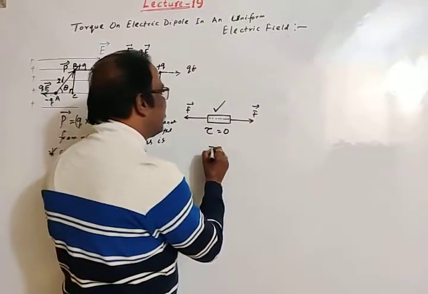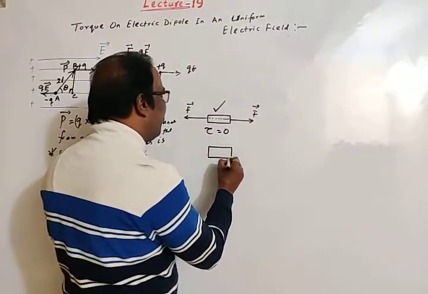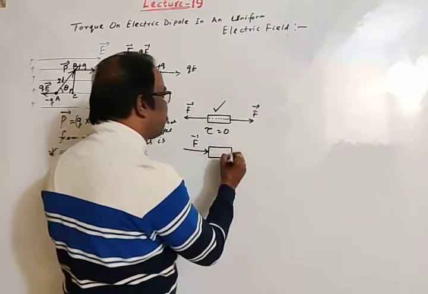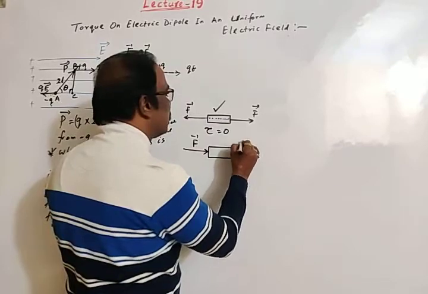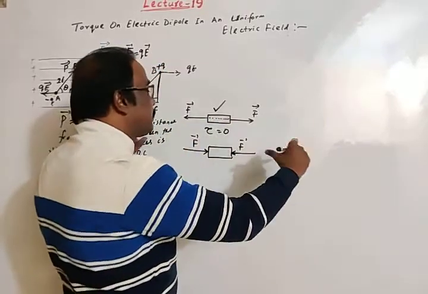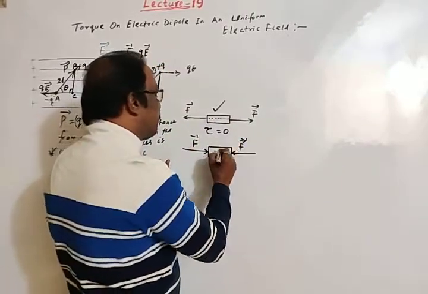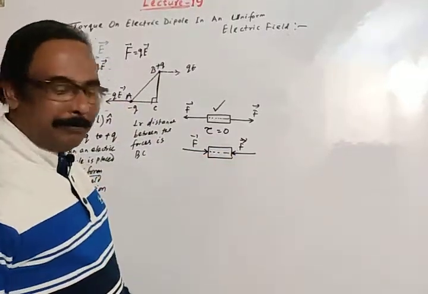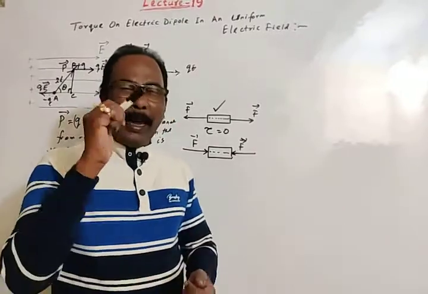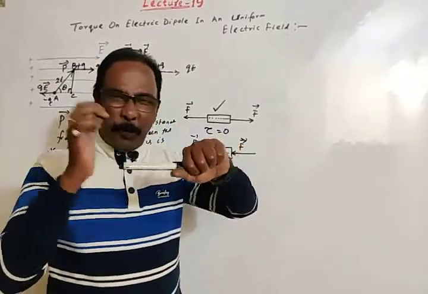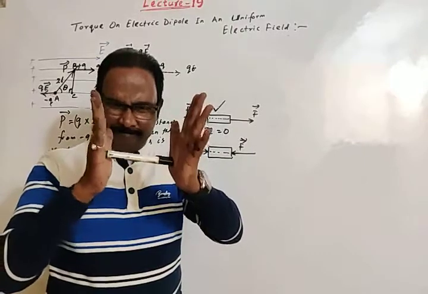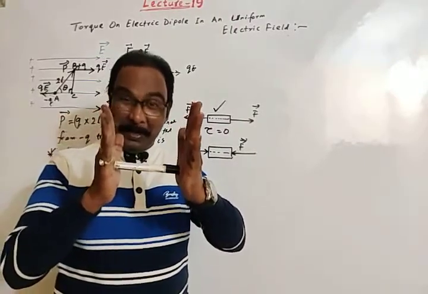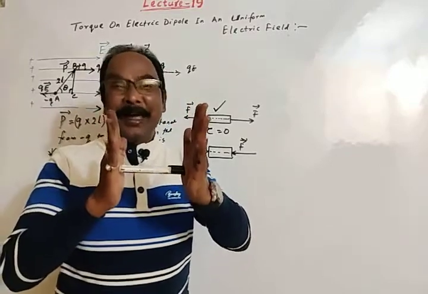The same example: if I take a body, again I apply two equal and opposite forces. These two forces are pulling forces and these two forces are pushing forces. Again, these two forces have the same line of action. Okay. If I hold the body like this and push the body from both sides, whatever great may be the pushing force, I am pushing with the whole of my energy.